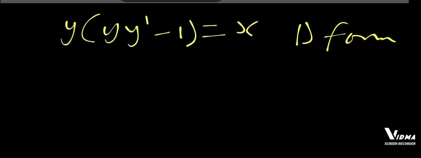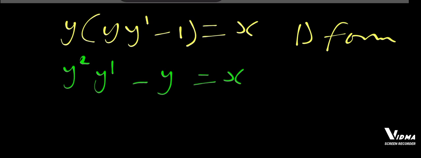So we are going to end up with y square y prime minus y being equal to x. And remember, in our differential form, they are all on the left side and they are equal to 0. So let me bring my x inside.